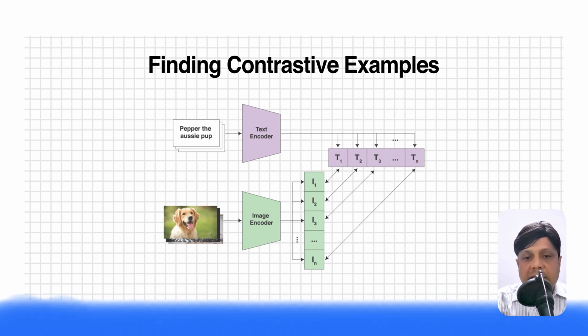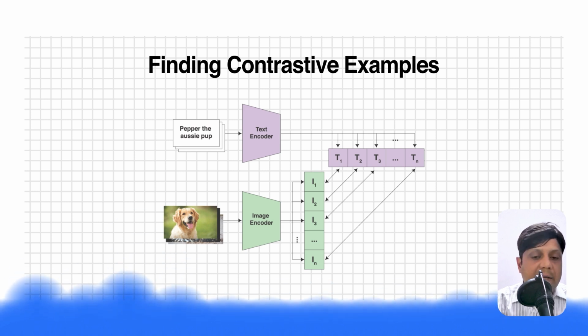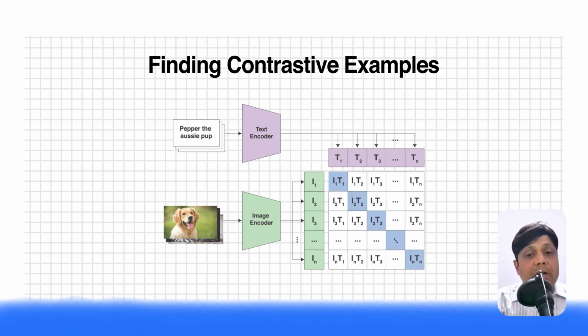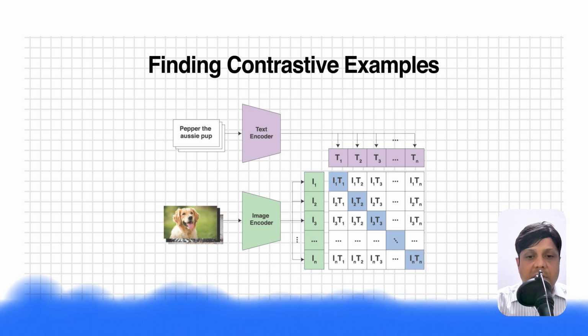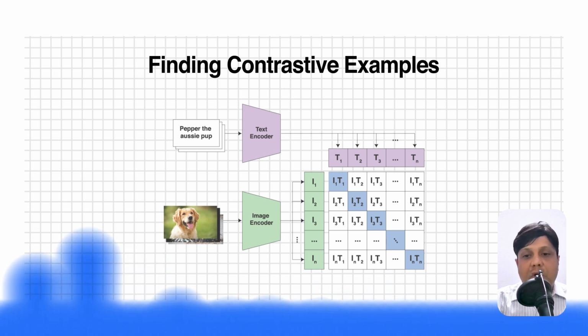The text could become the anchor and the corresponding image could become the positive example, and all the other images or all the other texts become negative examples. So that's how we can find contrastive examples. For the text, the corresponding image becomes the positive example and all the others become negative examples.